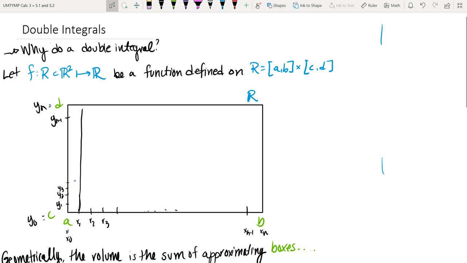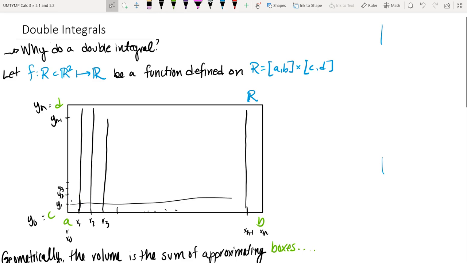I'm going to make my best straight lines freehand, and then similarly I have to partition the y's. That was bad, let's undo that. If I partition the y's, I get something that looks like this.